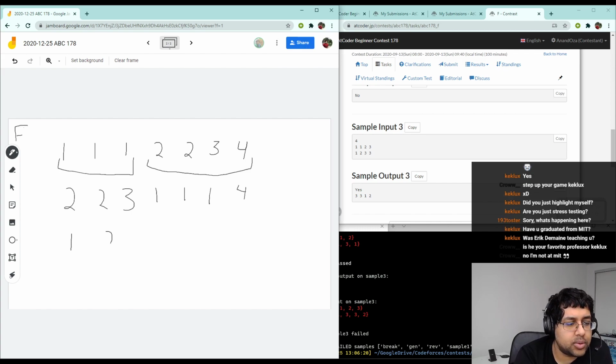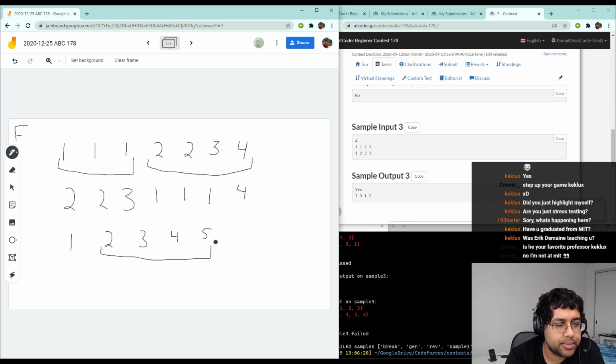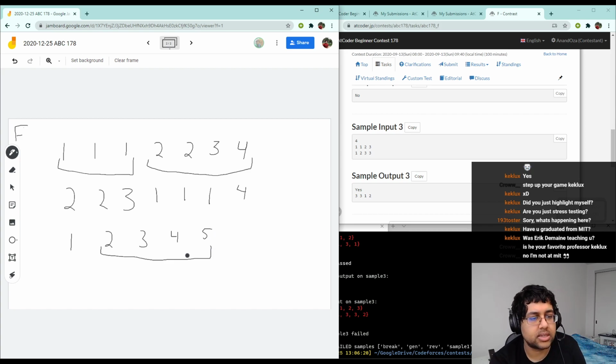Okay, let's try the example 1, 2, 3, 4, 5. Then for this example, we want to solve this part. And then at some point we get stuck, right? Okay, so first, if any element is the majority, you definitely get stuck.